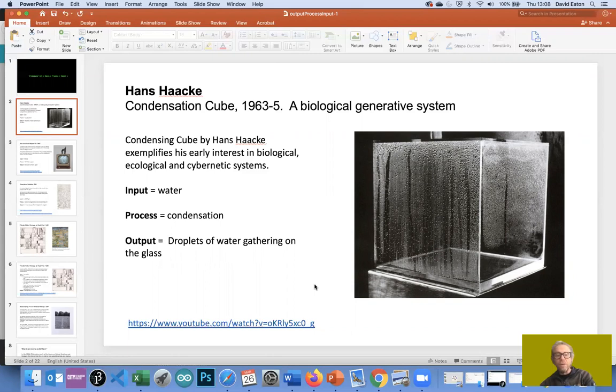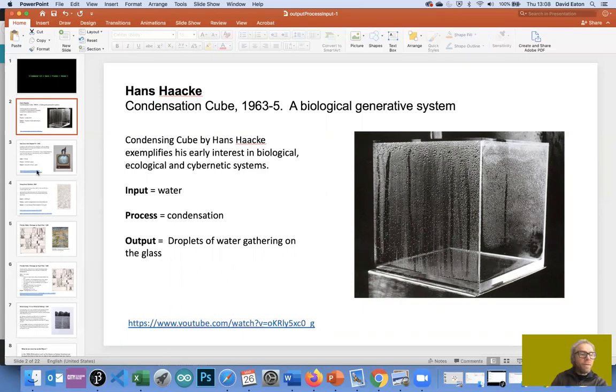Okay, so it's generative, the water, the steam moving around inside the cube. It's very simple in its concept, but fundamentally it is cybernetic because the water is cyclical. It's going round and generating as it condenses and moves around. So the input is obviously water. The process is condensation, and the output is where the water gathers on the side of the cube. And the Condensation Cube was installed in galleries as an artwork in its own right.